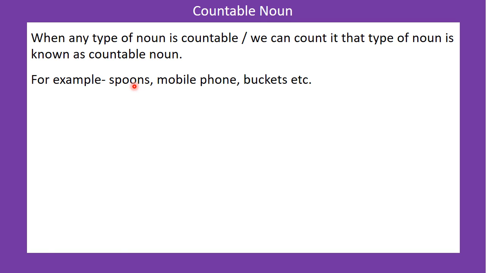We can count 1 spoon, 2 spoons, 3 spoons. Second, mobile. We can count how many mobiles? 2 mobiles, 3 mobiles. Mobile phone here. And then buckets. Buckets also we can count, like 1 bucket, 2 buckets, 3 buckets, etc. So in this slide we have learned about countable noun. Let's move on to our next slide.